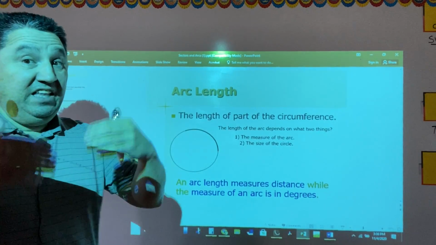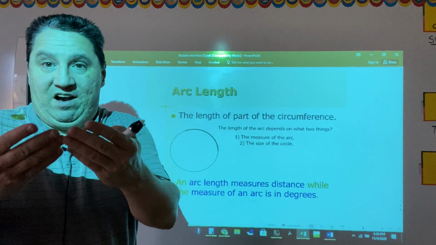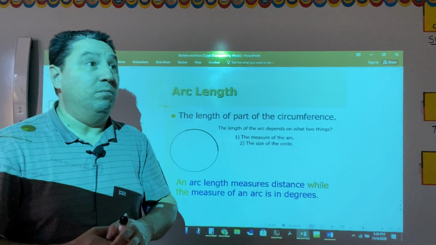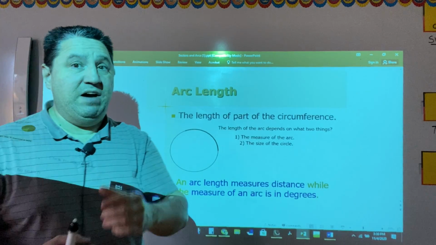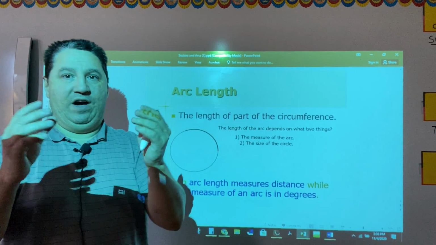In that case, the arc is an angle and has a measure. Now, but at the same time, an arc could have a length.